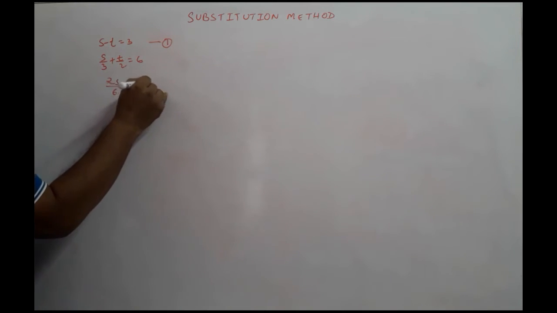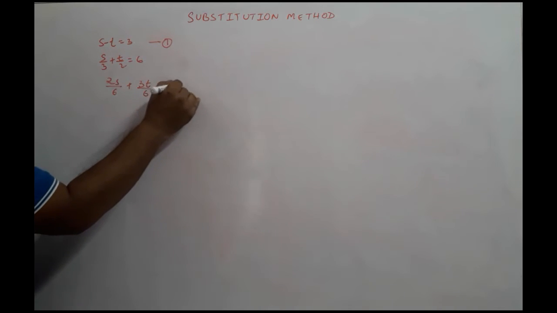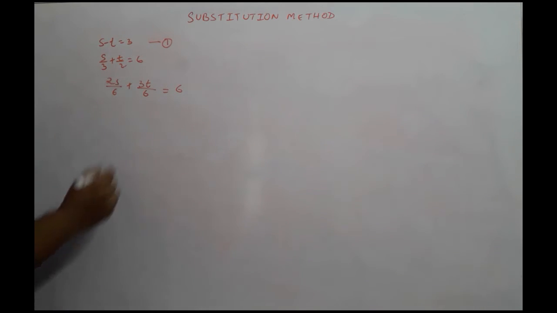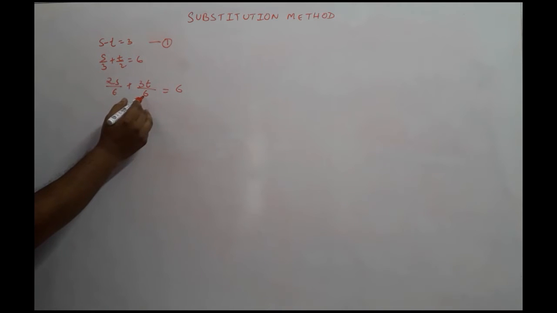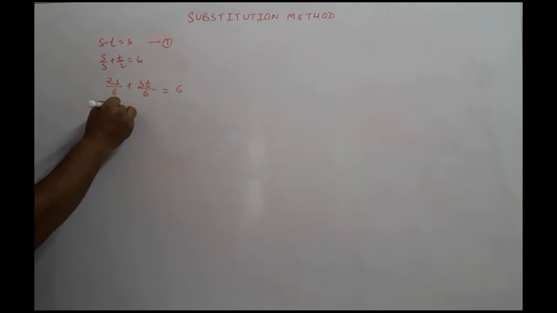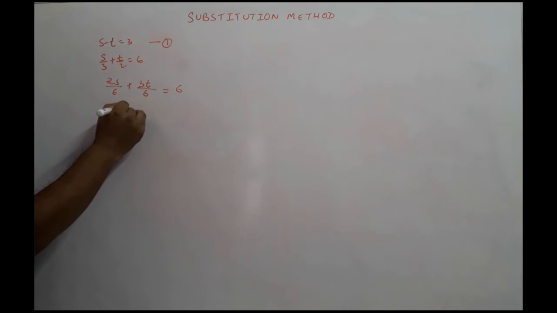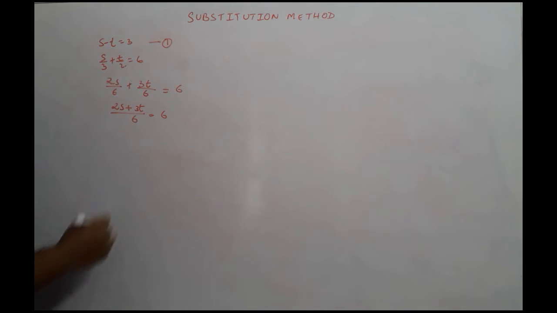We get 3t upon 6. The whole thing will be equal to 6. So now that the denominators are the same, we can add them using a common denominator. 2s plus 3t upon 6 equal to 6.